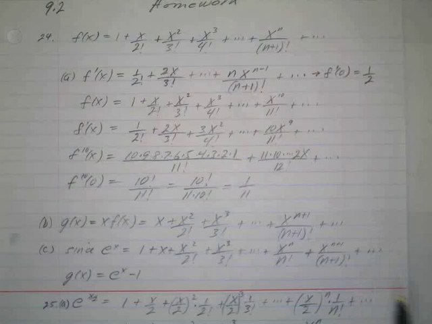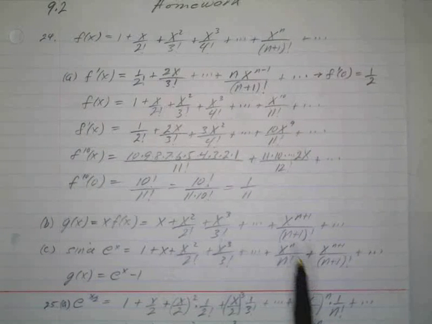And if we look at the previous term, if I subtract 1 from n plus 1, I get x to the n over n factorial. And so that was the B part.